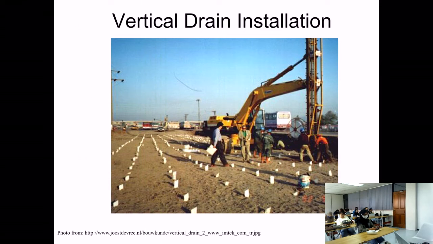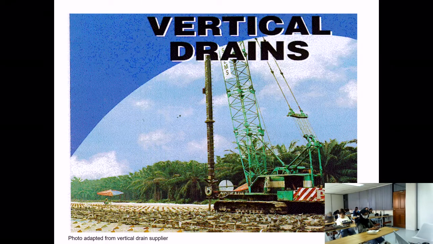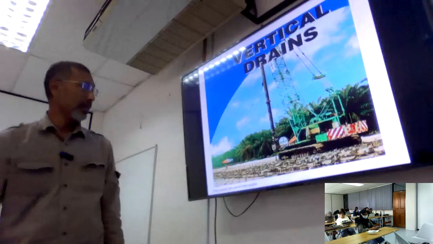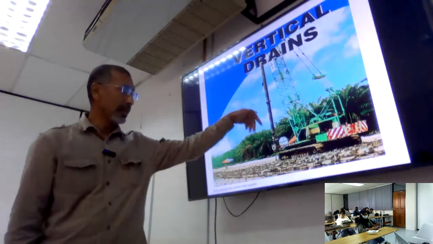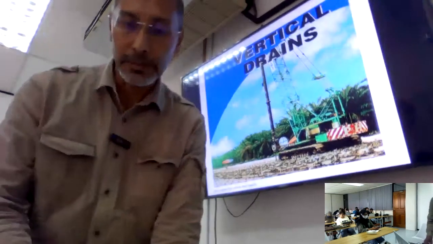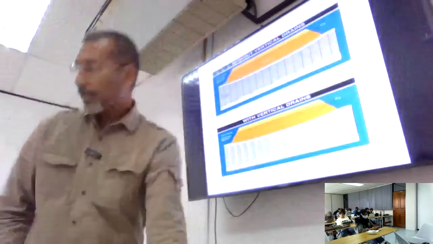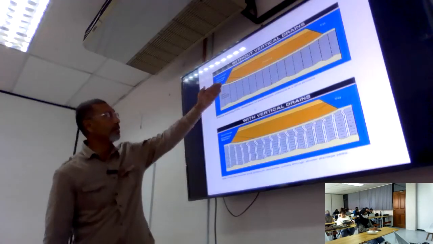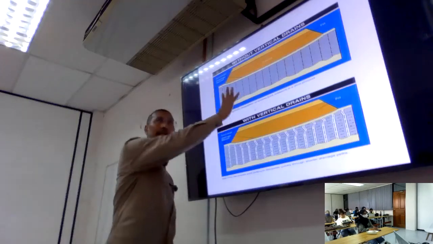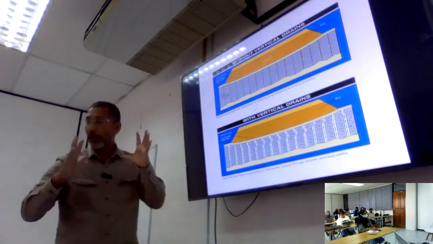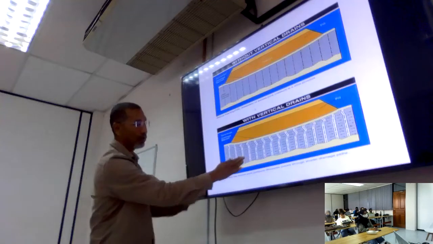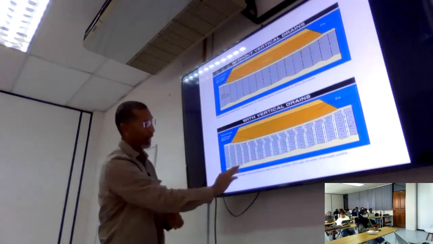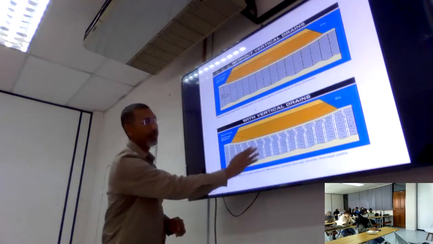Similar illustration. Again, we need a machine to push the drain into the ground. So this is what happened. Some description here. Without the vertical drain, the movement of water will take a longer path, but with the vertical drain, it can go sideways and then come out through the drain faster.